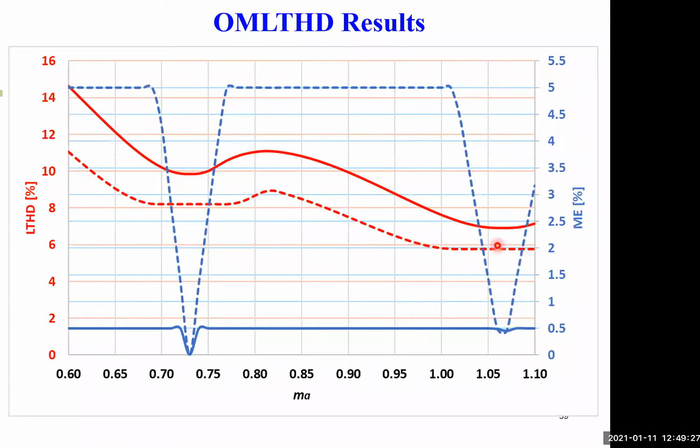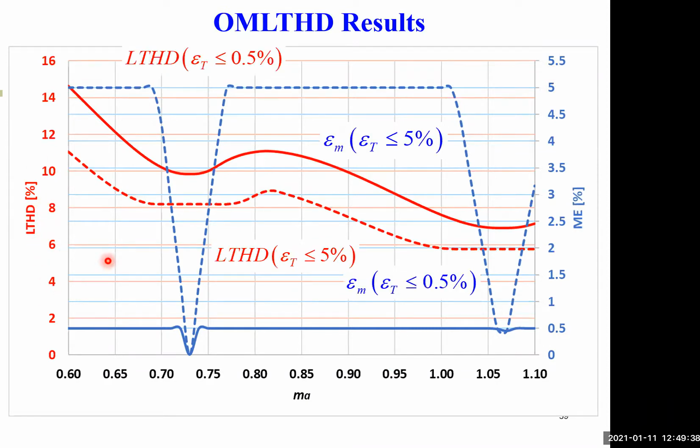This is interesting. The blue axis represents the actual modulation error in percent, and the red axis the corresponding LTHD. So we run for different modulation index values, and we run the optimization twice. Once we set the maximum tolerable error to 5%, and you can see that the result always remains below 5%.